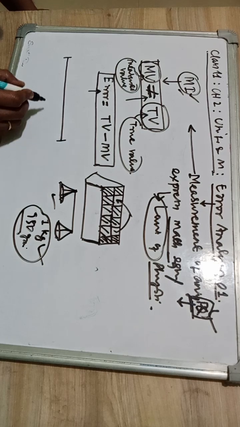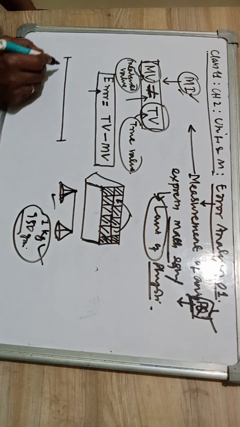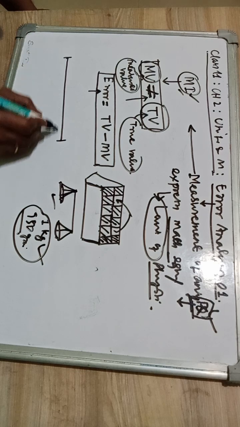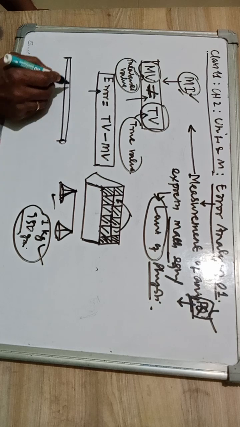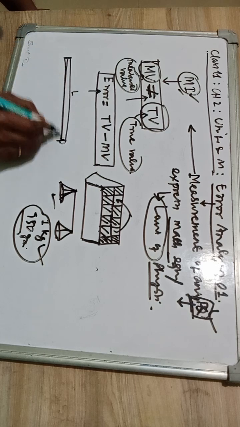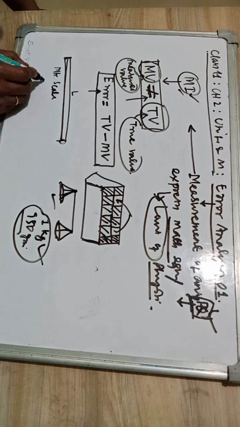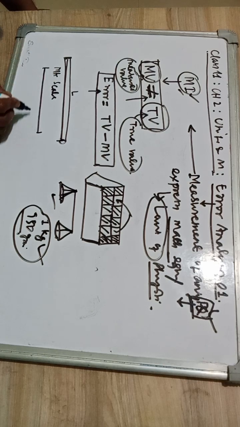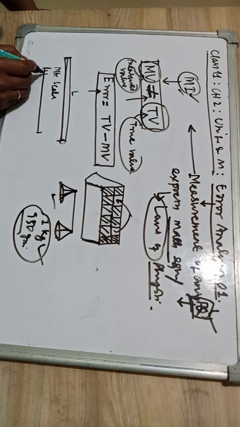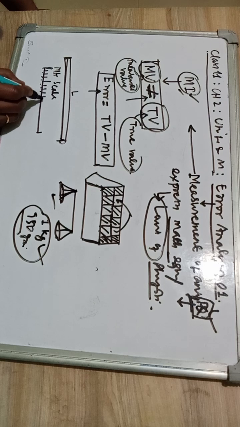Another example: we have some pipe and want to find out its length exactly, and we have a 1 meter scale with us, and that meter scale is graduated in centimeters, and each centimeter is again divided into 10 millimeters.